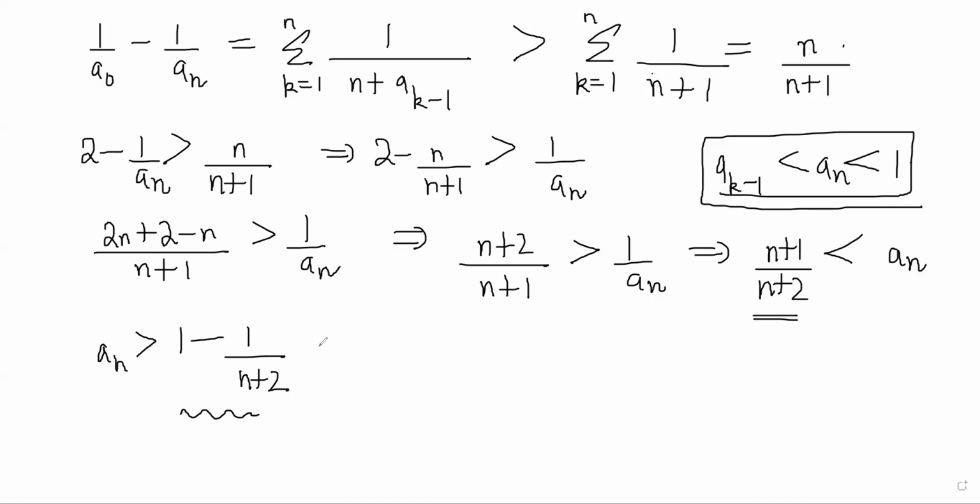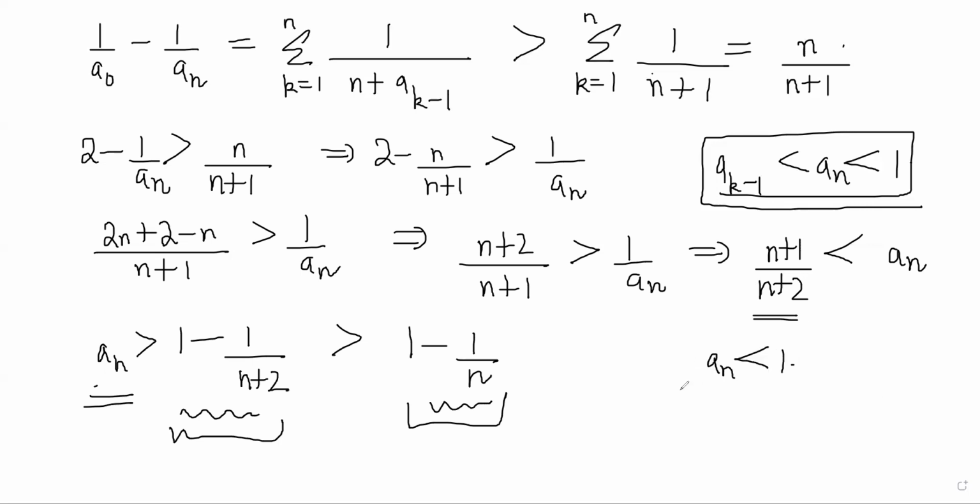So since it is greater than this, it must be greater than this, right? Because 1 minus 1 by n plus 2 is bigger than this. So we have shown here that an is greater than 1 minus 1 by n. And we have already earlier shown that an is less than 1. So our proof is done, basically, right? So that's it for this one. Let's look at the next problem.